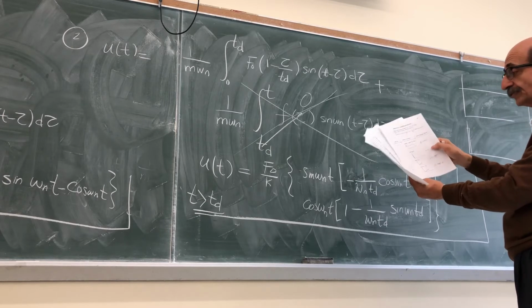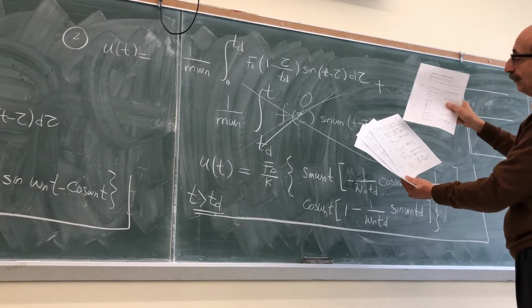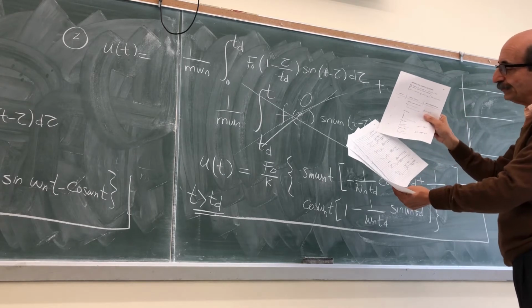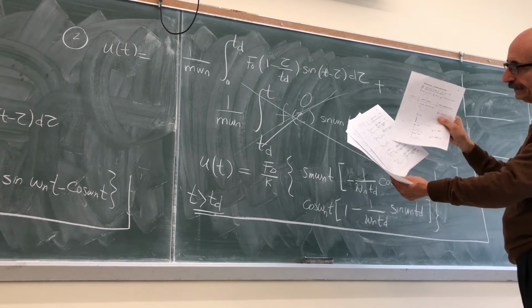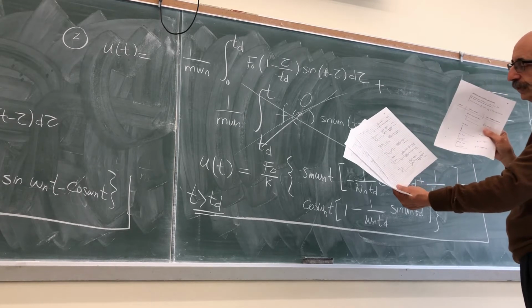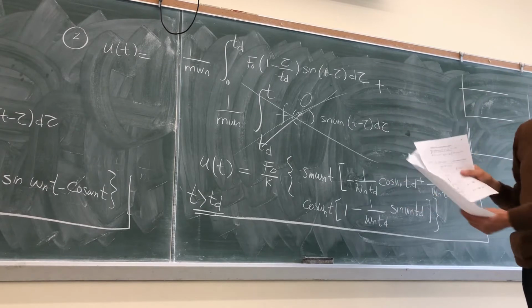As you can imagine, each of them has involved pages and pages of integration, and the responses for these cases, in other words, for each region of the loading, have been tabulated.